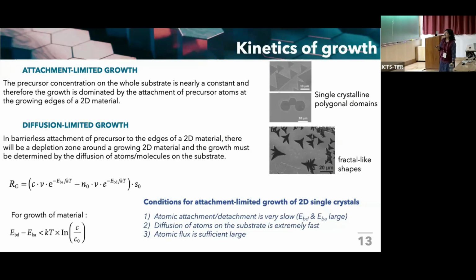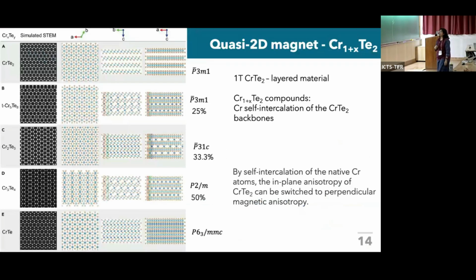The second one is diffusion of atoms on the substrate surface is extremely fast, so that whatever precursors are adsorbed can immediately come to the growth zone and start attaching to the edges. And the third one is atomic flux is sufficiently large, and this has to ensure that you have a continuous growth happening in your system. So when we try to grow using CVD, we try to maintain these conditions so that you get very good crystals of 2D materials.